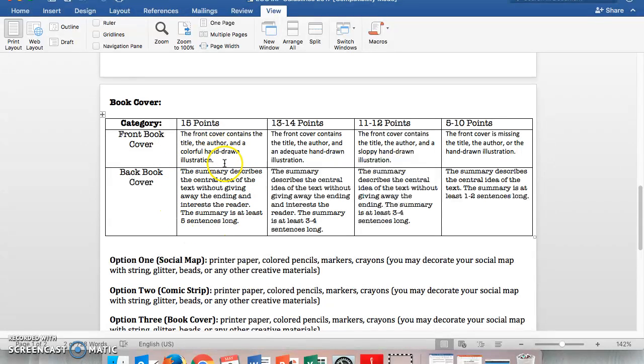The second thing you're going to be scored on for the book cover is the back book cover, okay? So when I say the back book cover, I mean like the inside of that front book cover. I guess that should have been clarified a little bit better. But inside, you're being scored based on the summary. The summary is supposed to identify the central idea of the text without giving away the ending, but it's also interesting.